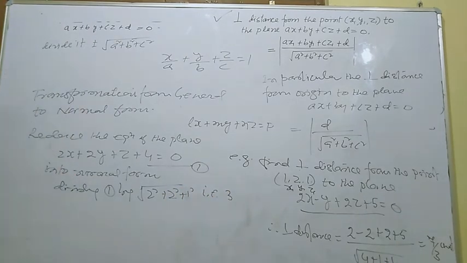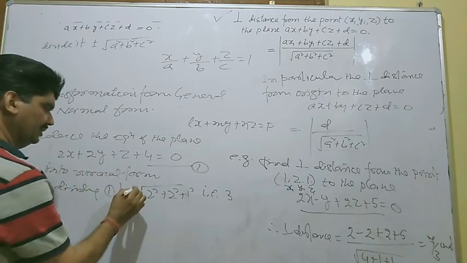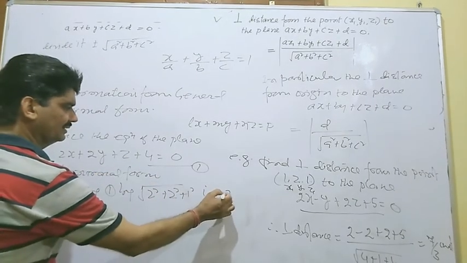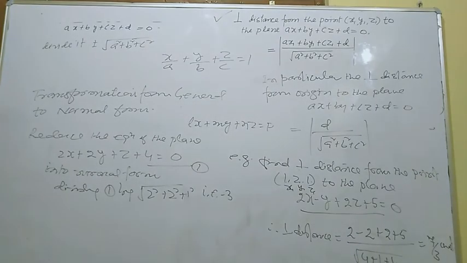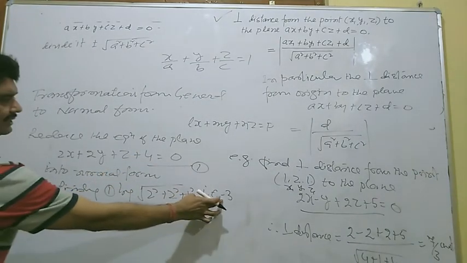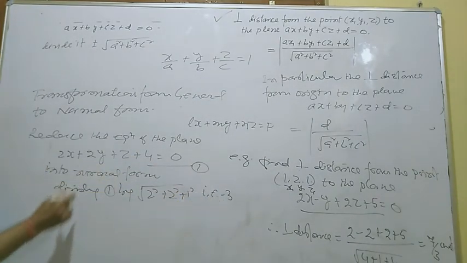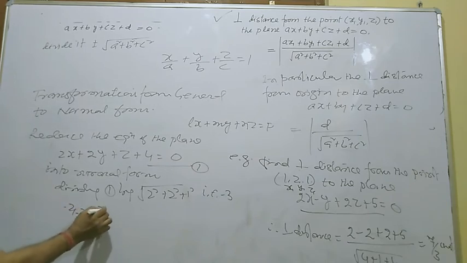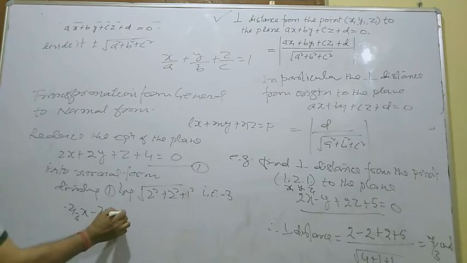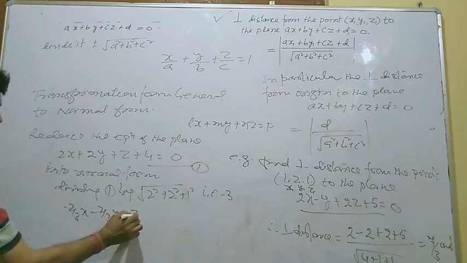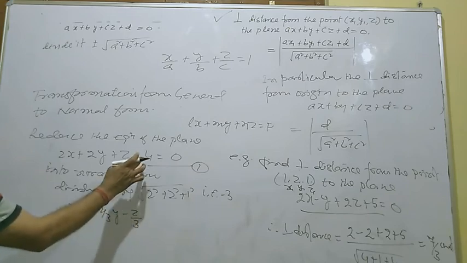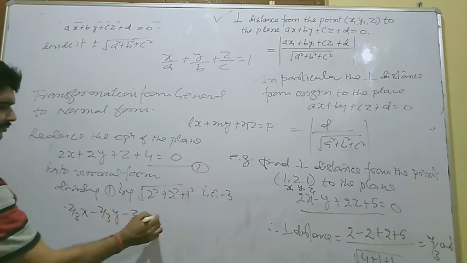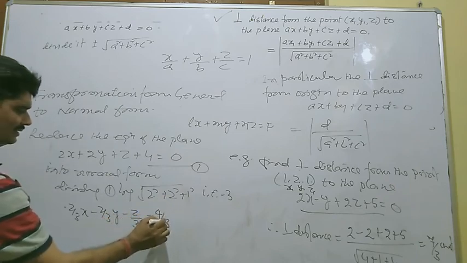Since d is positive here, we take the negative sign, so we divide by minus 3. Then it becomes minus 2 upon 3 x minus 2 upon 3 y minus 1 upon 3 z equal to 4 upon 3.